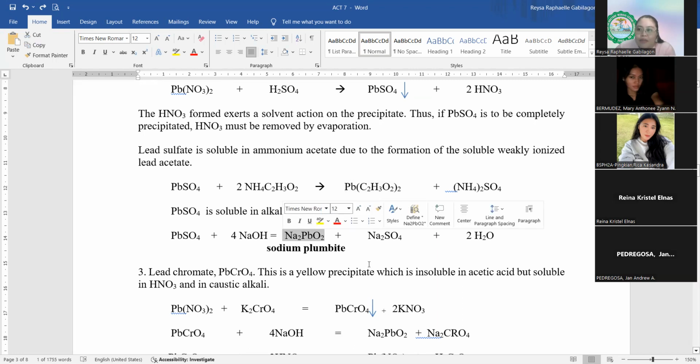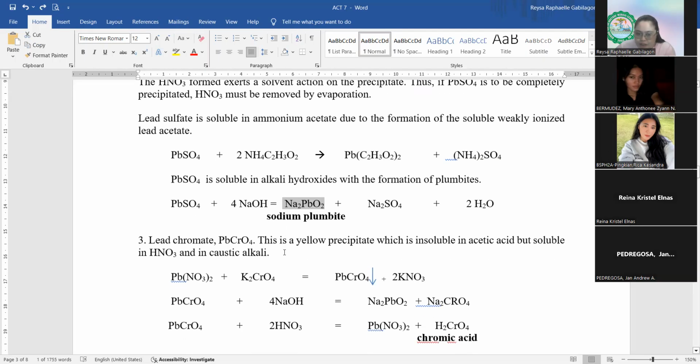So again, no precipitate when lead sulfate is mixed with sodium hydroxide.